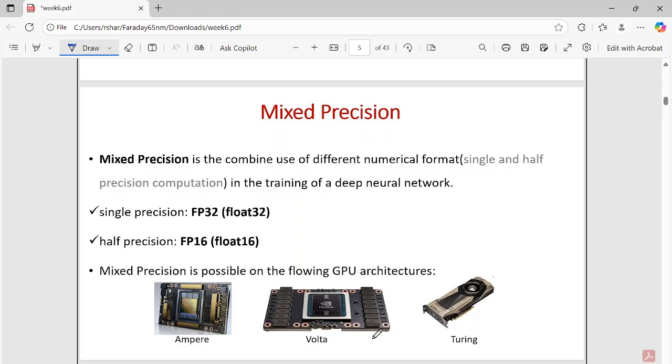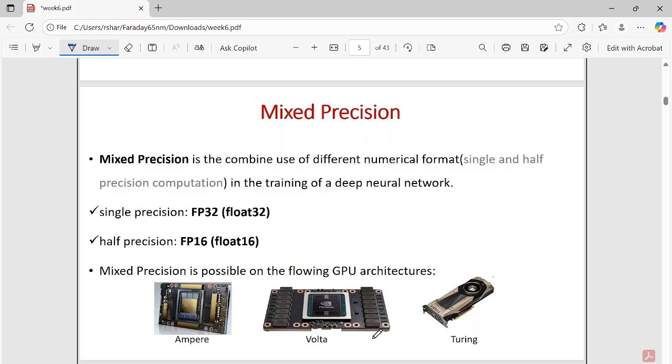So in the training of a deep neural network we use two types of data type precision, and this is a high-level optimization process. There is a resource requirement, so we need to see what modifications in the hardware are needed so that this type of mixed precision can be used.